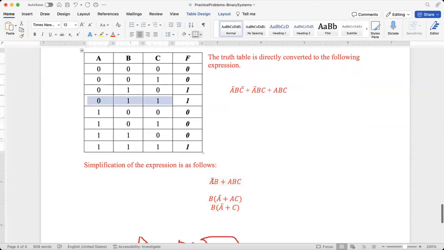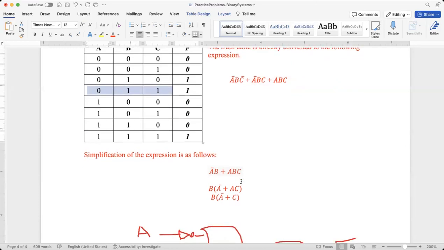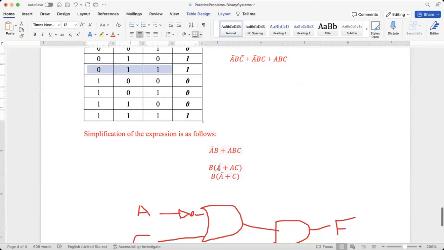When I look at these two products, I can directly spot that the common term is B. So I'm going to take out B and write the remaining expression in parentheses, not A or A, C. Okay, perfect. Now I can distribute this not A over A, C. When I do that, I get not A or A, which is 1.